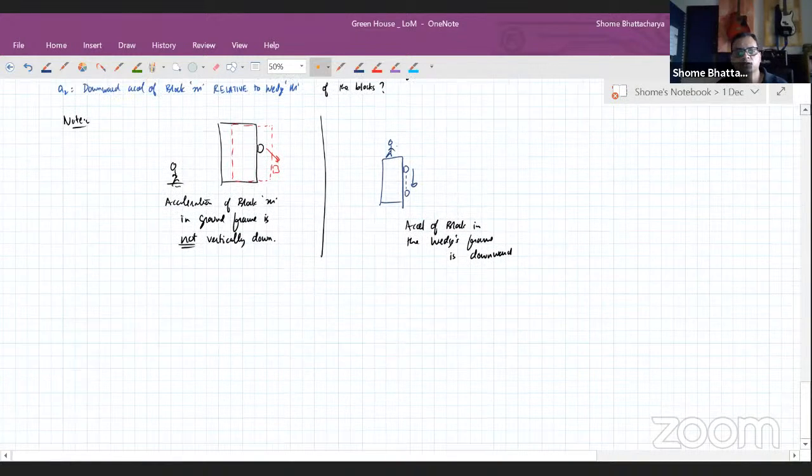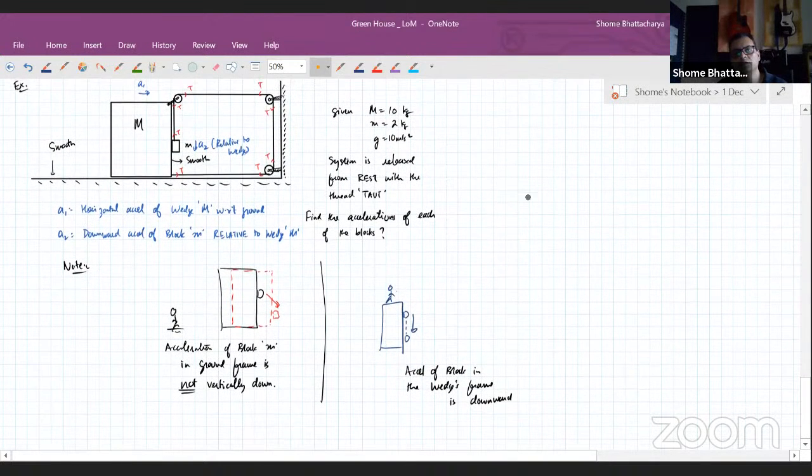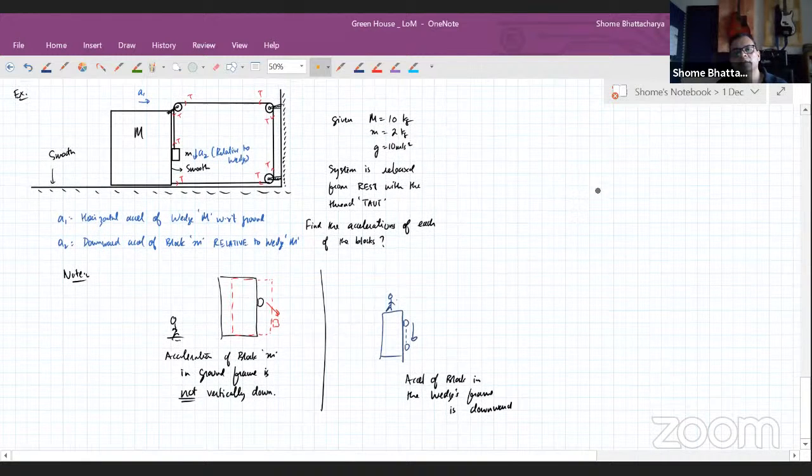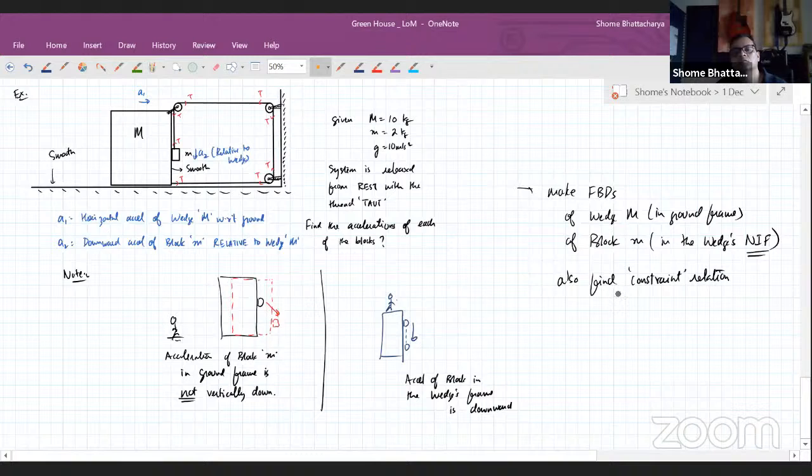Okay, so now based on this, you set up the free body diagrams and write the equations. So next step, what you do here is make free body diagrams of the wedge in ground frame, of the block small m in the wedge's non-inertial frame, and also find the constraint relation between A1 and A2.